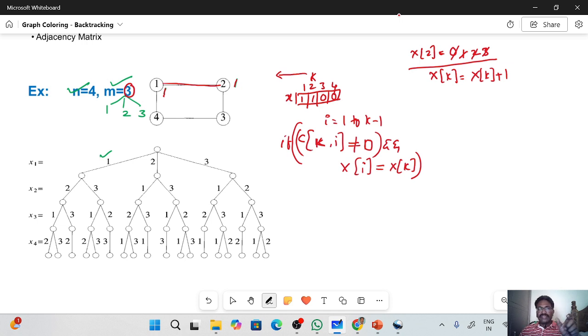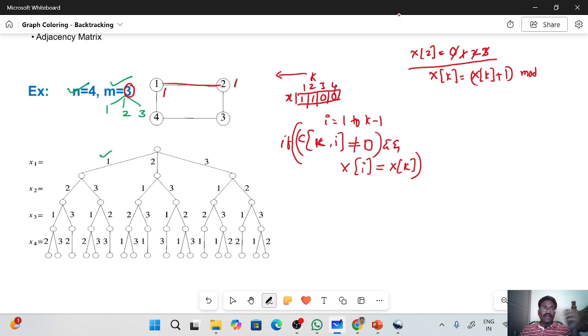I must end with 3 only because I have only 3 colors. So this value modulus, I hope you are good at the modulus operation. 4 modulus 3, modulus always gives us the remainder.